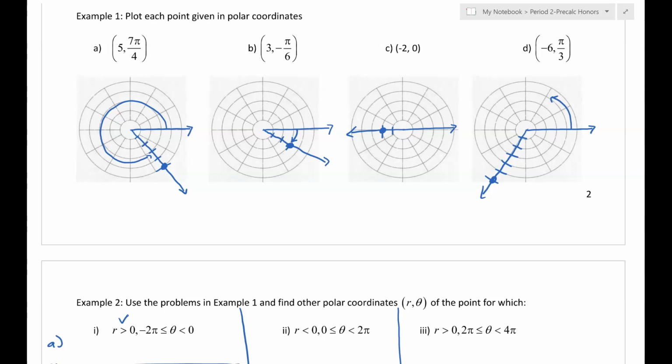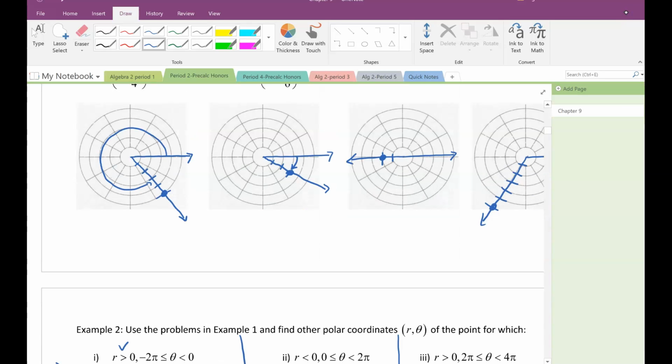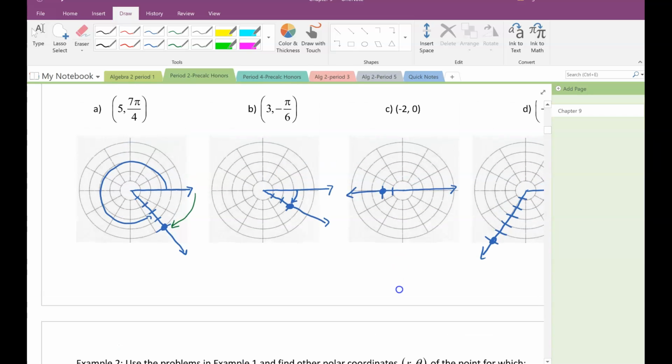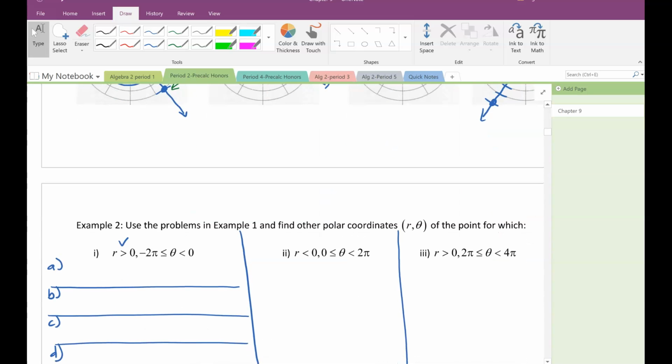But the restriction for 1i now wants us to change it to a negative angle. We still have to end up at exactly the same spot, so for us to end up at the same dot, we just have to go counterclockwise. That will still give us the positive radius of 5, but now a negative angle, so 5, negative pi over 4. This polar coordinate will still give us the same exact location.